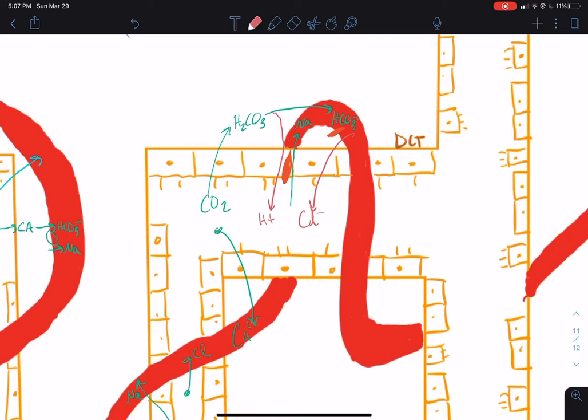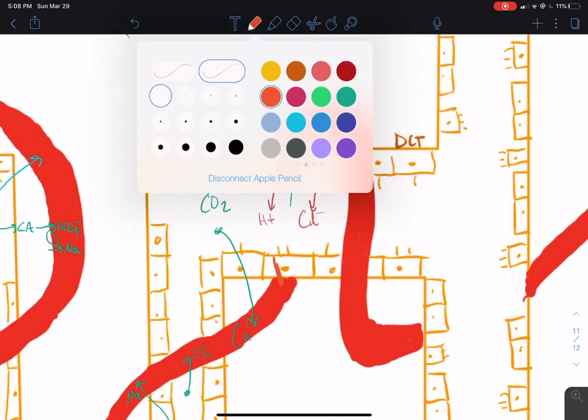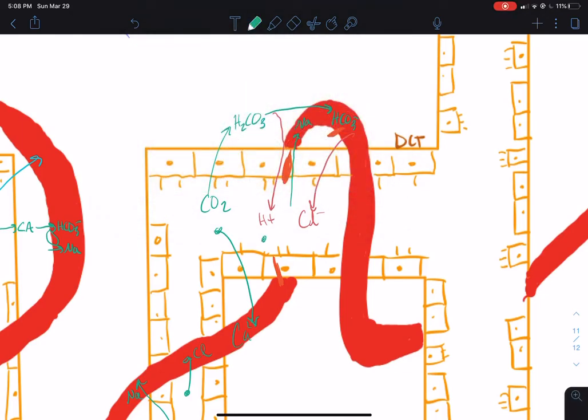And then another exchanger that we have, I'll draw down here, but we're going to exchange sodium for potassium. So we're going to put sodium back into the bloodstream, and we're going to exchange that for potassium. Okay, why do we care? So we like holding on to sodium, that's obvious, but we don't want too much potassium in the tubular fluid at any given time.